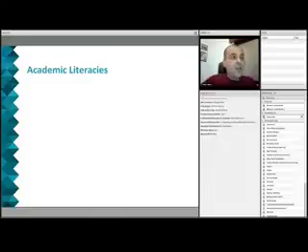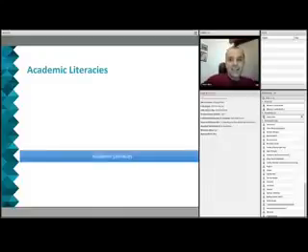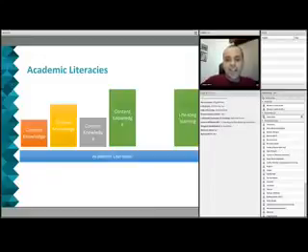We see these academic literacies as a base, or the support through which all the content knowledge develops. I'd like to put this in an image, which represents how we see the role of academic literacies as something that supports the development of all the content knowledge, which is usually delivered throughout papers.